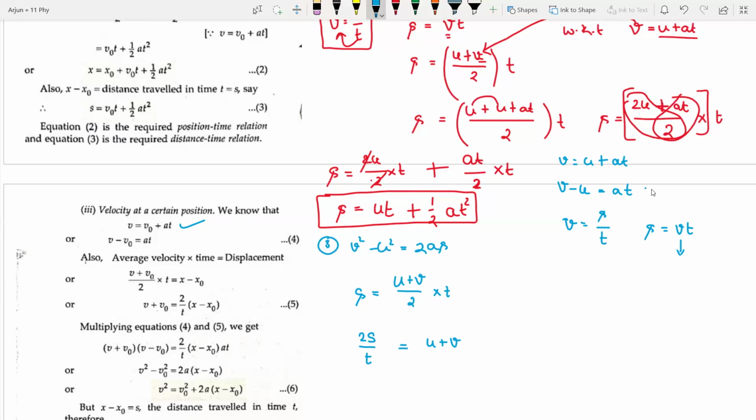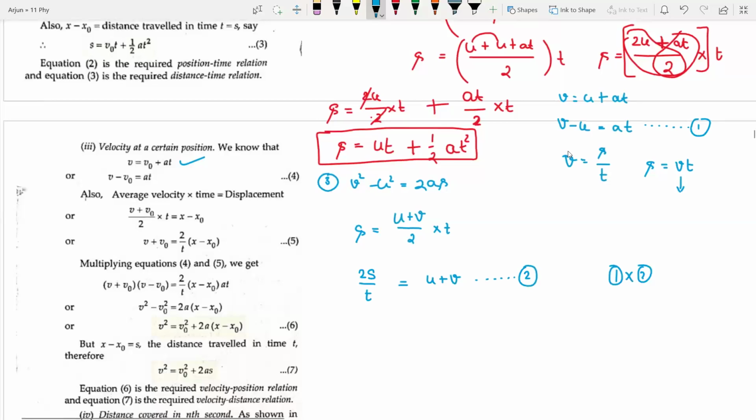Now what can we do? Consider this as the first equation. This is the second equation. Multiply the first equation and second equation. Okay, let me write this first equation: at is equal to v minus u.